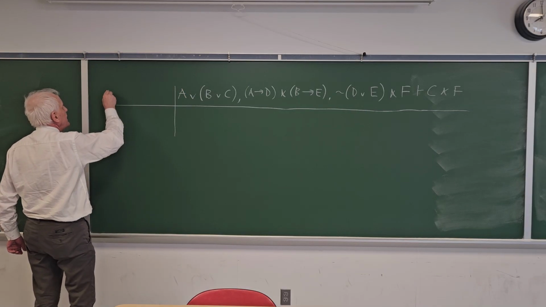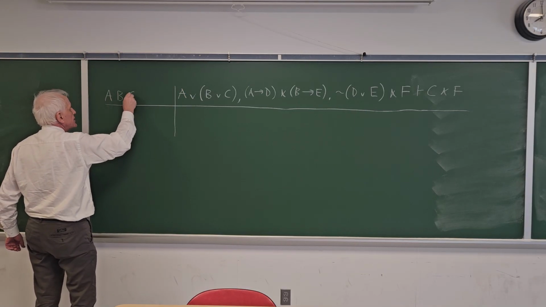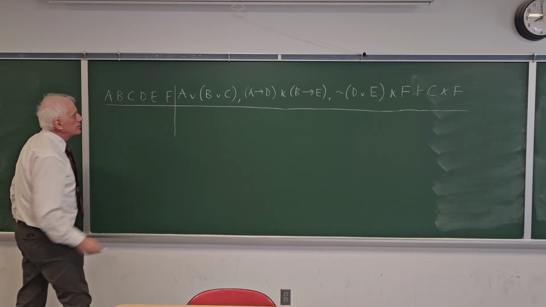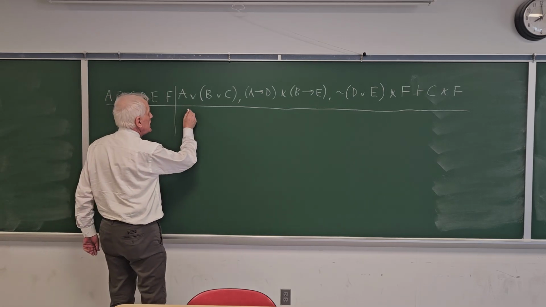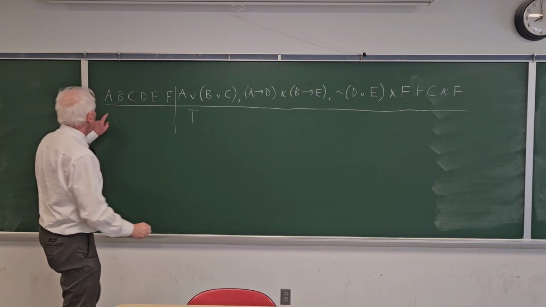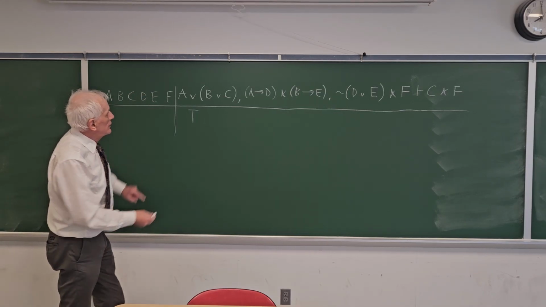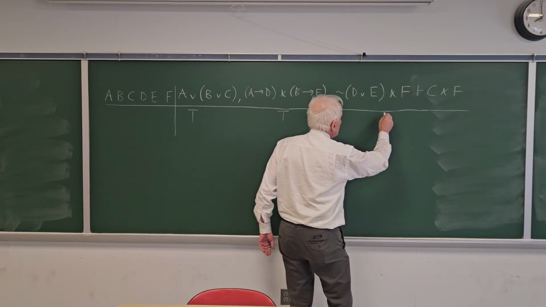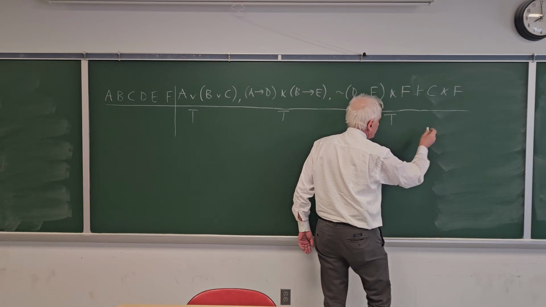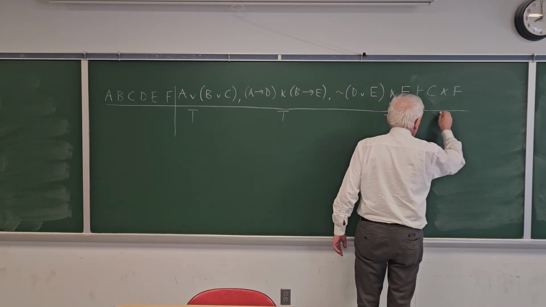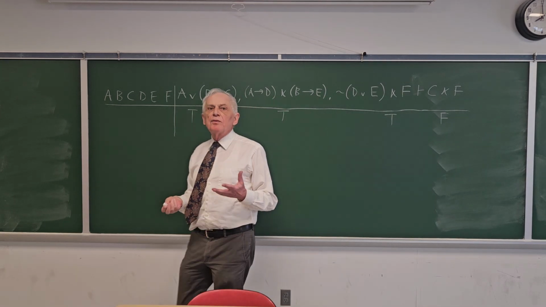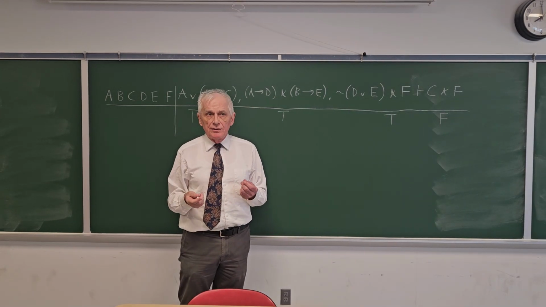We have A, B, C, D, E, and F. And we want to see if there's an assignment to these on which we get true for the first premise, true for the second premise, true for the third premise, and false for the conclusion. And as always, we start where we have the least choice.